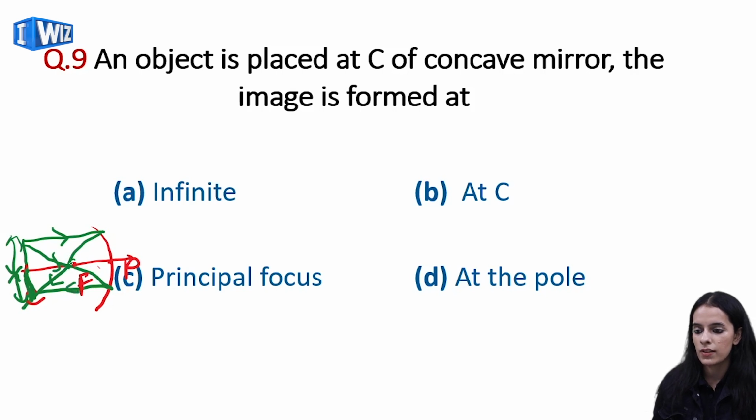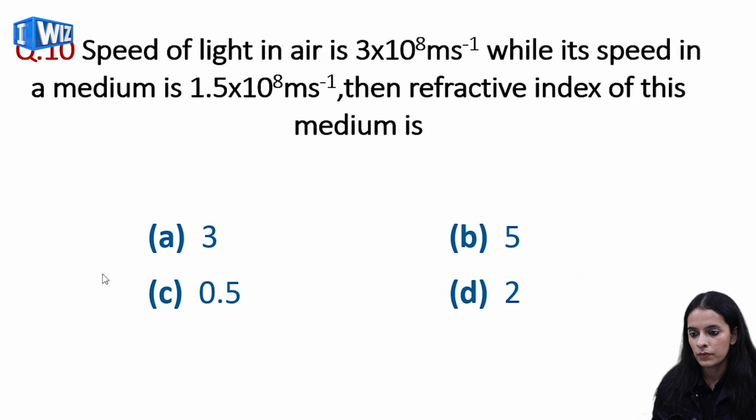These rays of light converge at C only and the image is formed at C only. Keep this in mind that where the rays of light will meet, converge and intersect, at that place only an image is formed. Okay, so the right option is at C. Come to the next question.